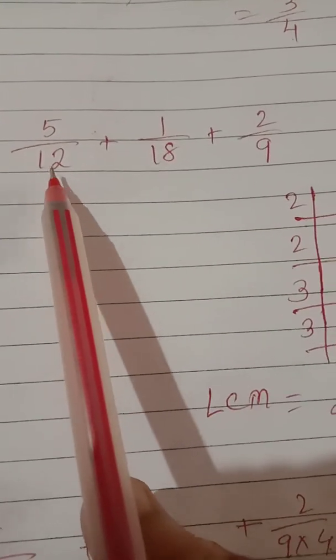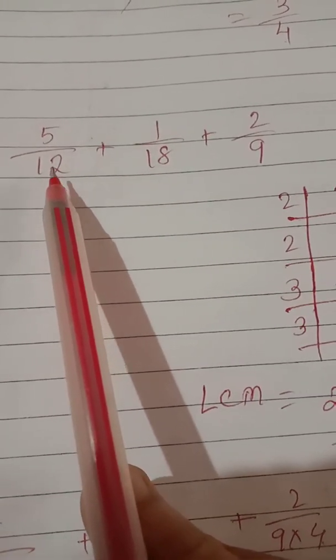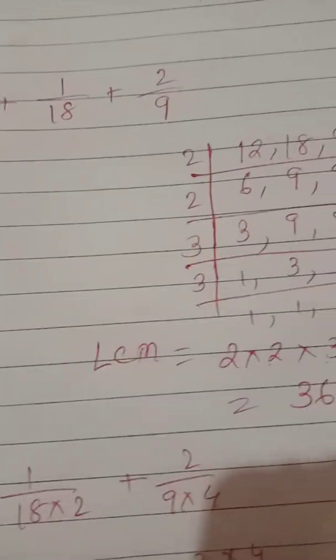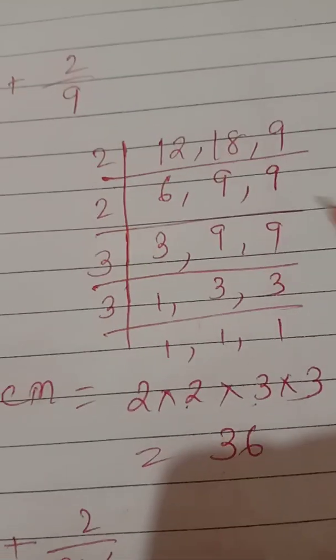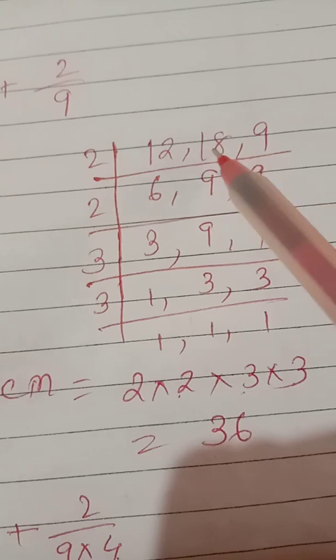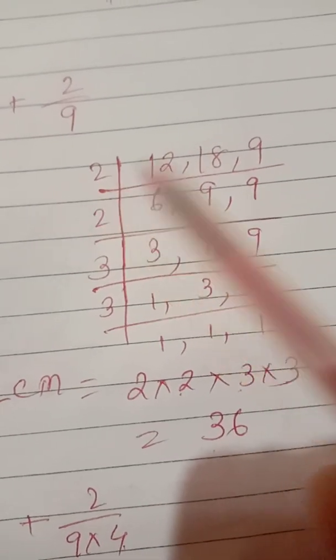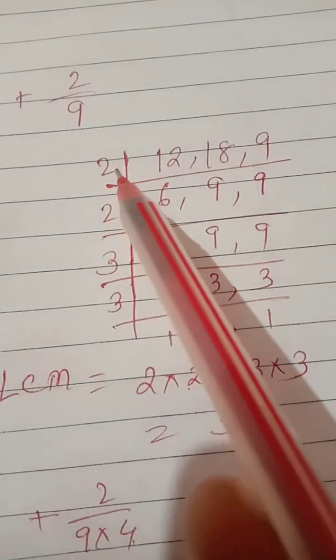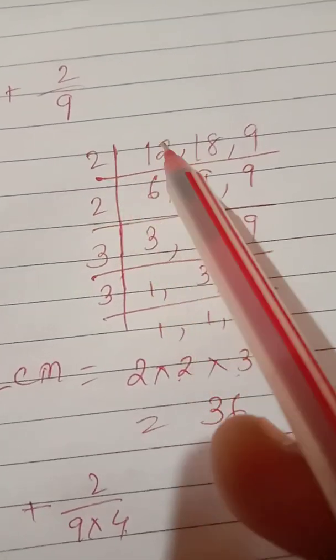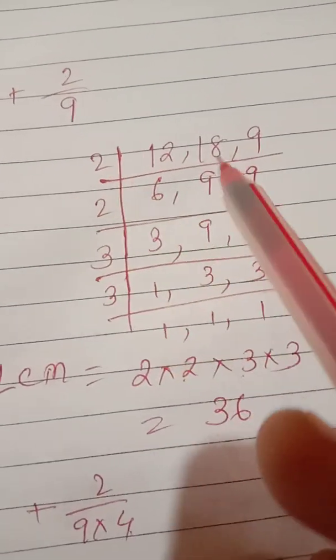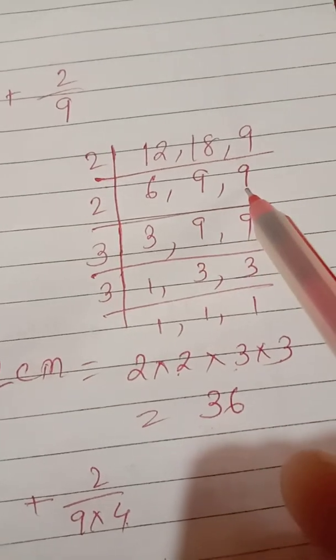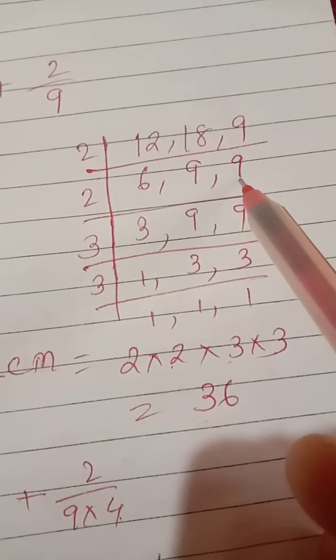We first have to calculate the LCM of the denominators, that is 12, 18 and 9. So look over here, 12, 18 and 9. First always start from the smallest number. So 2 is the smallest number. So 2 6s are 12, that means 12 divided by 2. 2 9s are 18 and 9 as it is, because 9 is not divisible by 2.